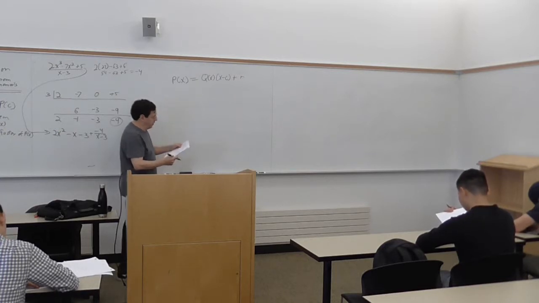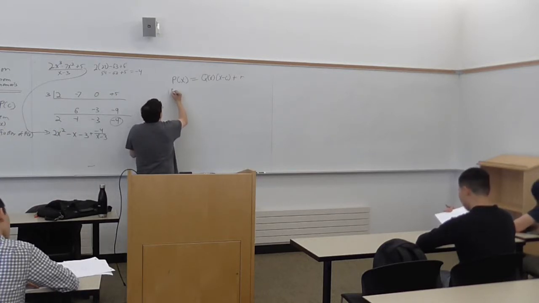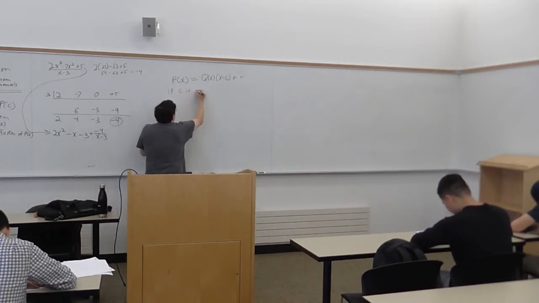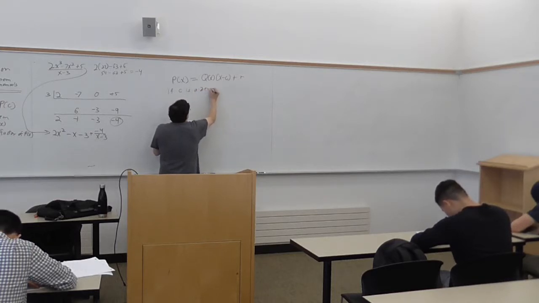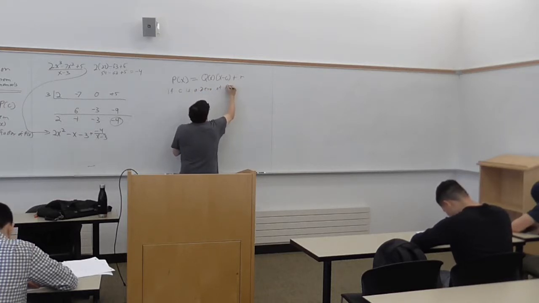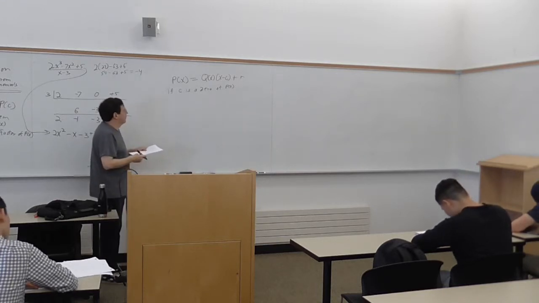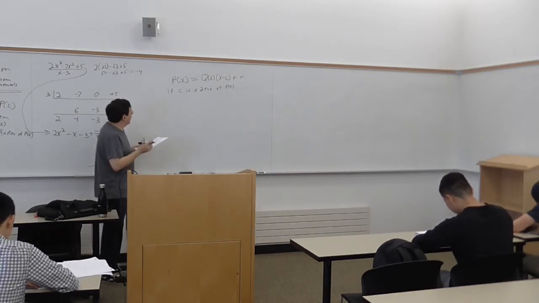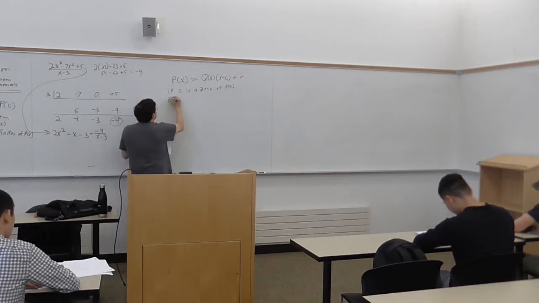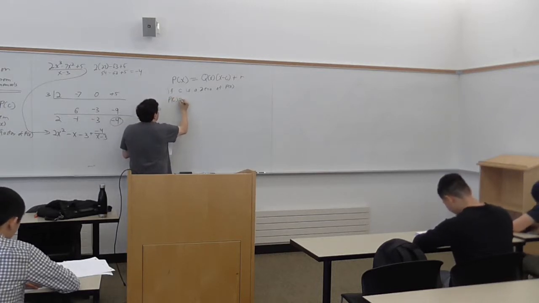So let's start with if C is a zero of P of X. Well, that means that P of C equals 0.